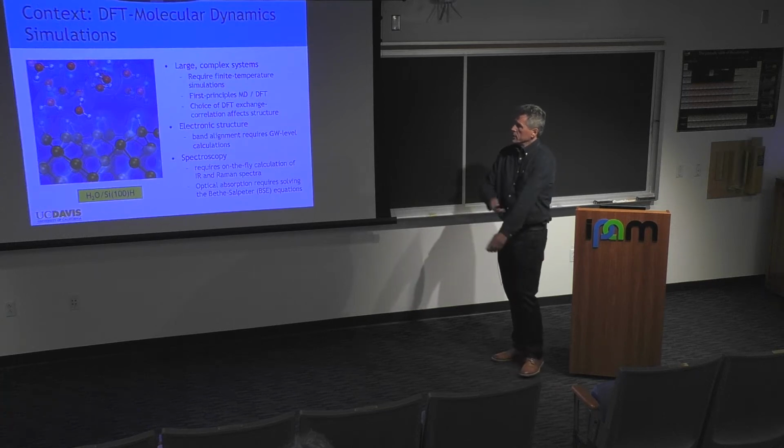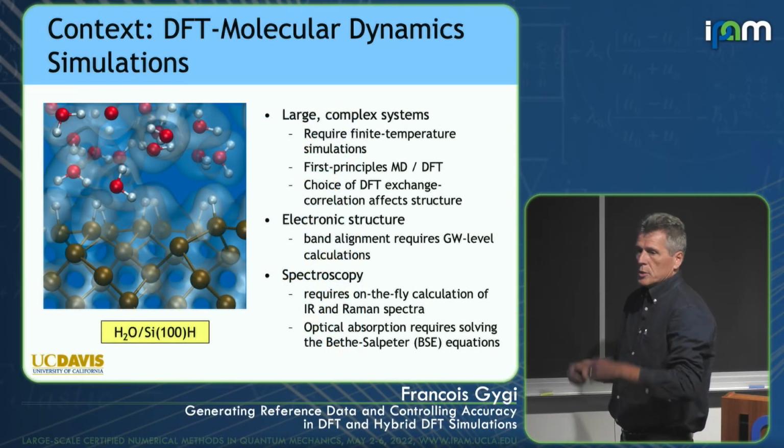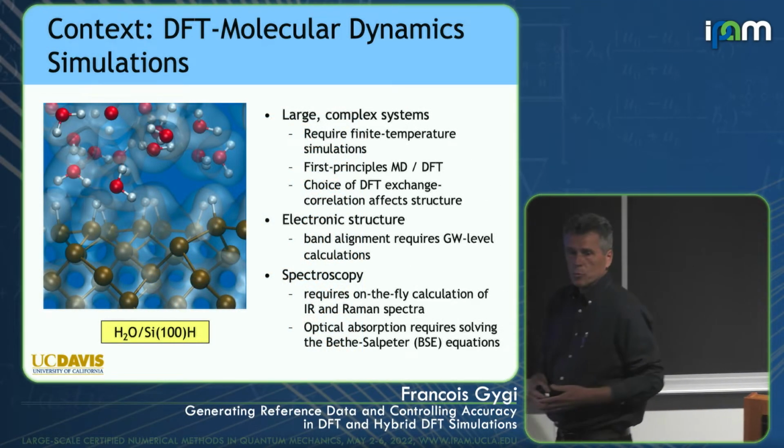So the context is that of DFT molecular dynamics simulations. What we would like to achieve is to be able to simulate large complex systems. I'll give you an example here on the left of such a system. This is a silicon surface which is terminated by hydrogen atoms, and it's in contact with water. And so the goal would be to simulate this from first principles.